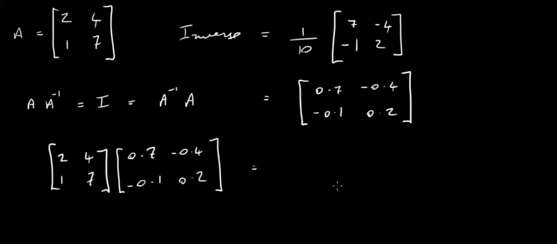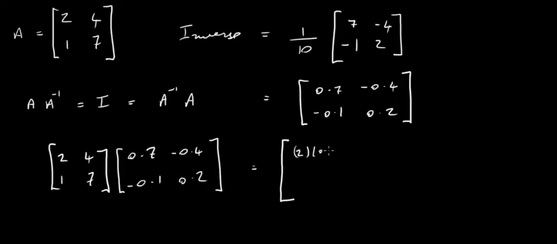Well, what happens here is I get 2 times 0.7. So let me just get a calculator out here. We'll just make sure we have this right. What I need to do here is multiply 2 by 0.7.